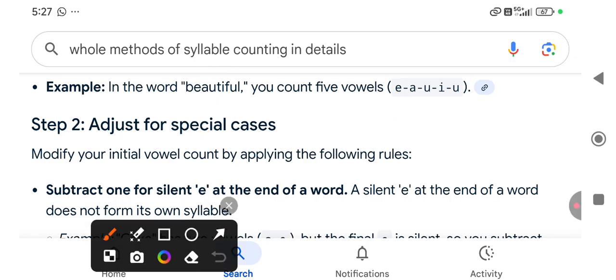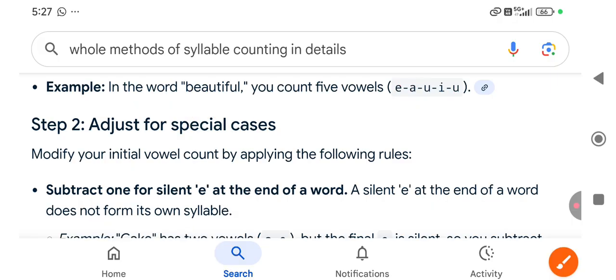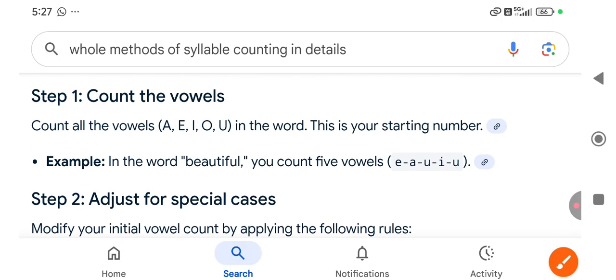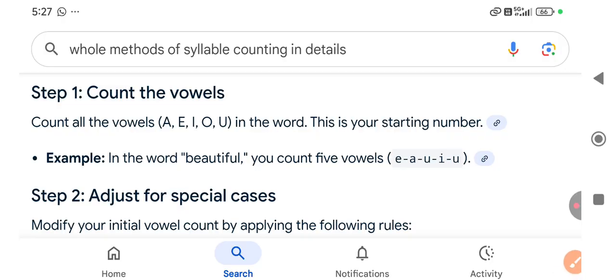How many vowels are there? You just have to filter out the vowels: one, two, three, four, five. E, A, U, I, U. These are the five vowels used. Five vowels. So that's counting the vowels. The first is very simple.